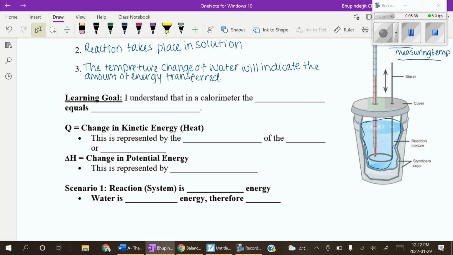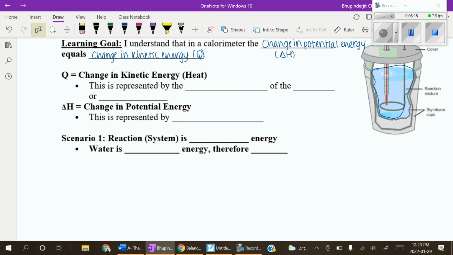I understand that in a calorimeter, the change in potential energy, which eventually we will relate to enthalpy, equals the change in kinetic energy, which we will eventually relate to Q. Here we are, brings it to our next step.